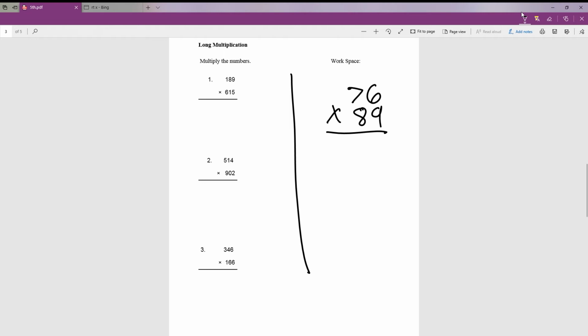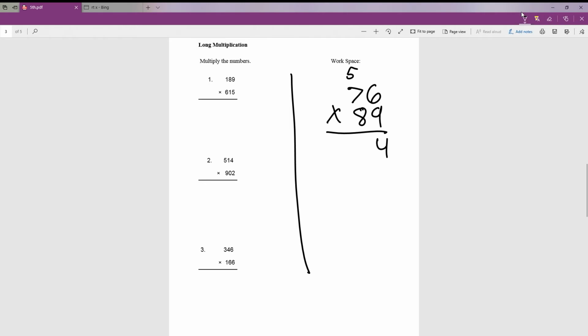So first, I would do the first two numbers here, 6 times 9. What's 6 times 9? 54. So I would take the 4, and instead of writing the 5 here, I still have to multiply by the 7 here. So I keep the 5 up here as a reminder that I have to add it later on.